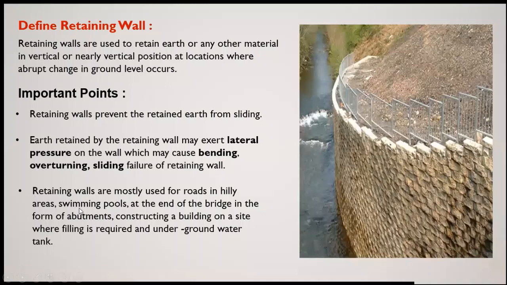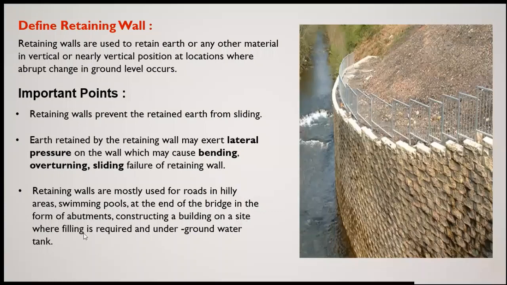If you talk about a swimming pool, the water in the swimming pool is retained by the surrounding walls, so that wall will also act as a retaining wall. At the end of a bridge, in the form of an abutment, this is clearly visible in various bridges, that abutment is basically retaining the material.